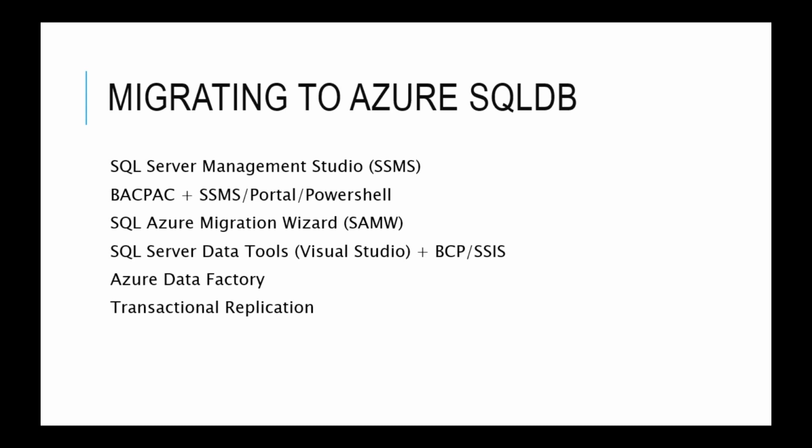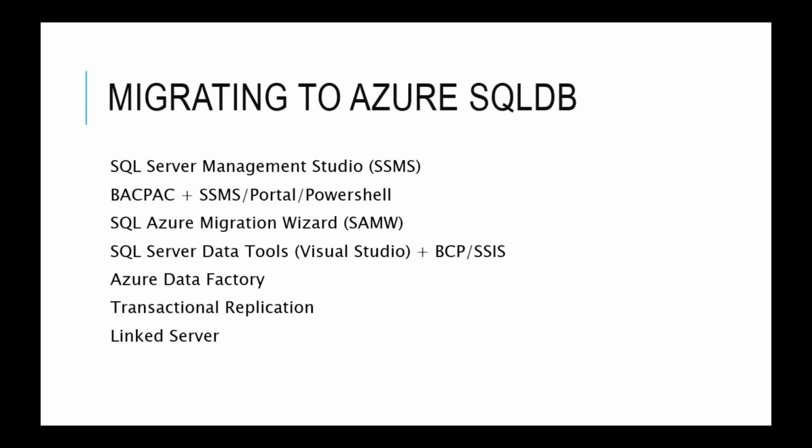But if you are running a 24/7 shop and you are looking to migrate online without any downtime to Azure SQL DB, you will need to use the disk-based tables first. So you will need to remove the in-memory tables. You will need to do the transactional replication to Azure SQL database, and then you will need to migrate the data from the disk-based table to in-memory tables.